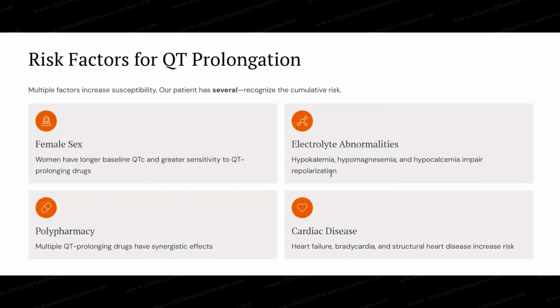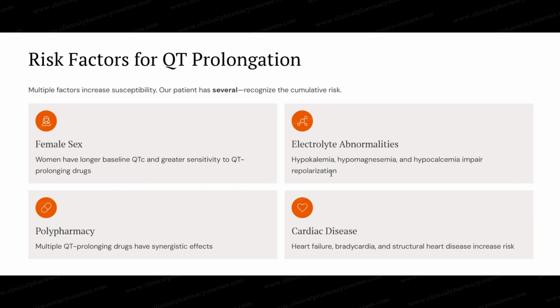Multiple factors can, of course, increase the risk of QT prolongation, and our patient had several of these risk factors. Women are more susceptible to QT prolongation than men, as they tend to have longer baseline QT intervals and a greater sensitivity to QT prolonging drugs. Electrolyte abnormalities are another one, like hypokalemia and hypomagnesemia, as well as hypocalcemia, which can impair the heart's ability to properly repolarize.